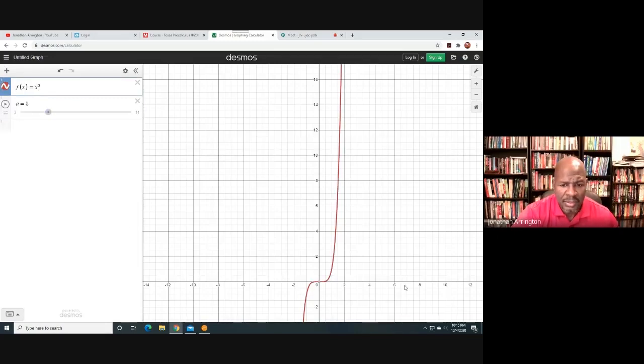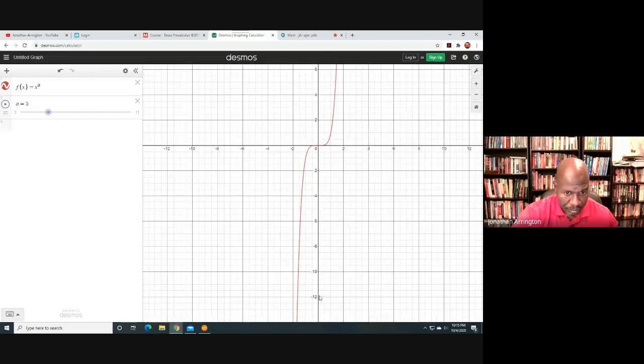And you can see the graph. And this is all the graph here, so there's not a hidden part doing anything here. And this is typically how it's going to look for an odd power. So if I increase these powers, you see the graph is essentially the same.